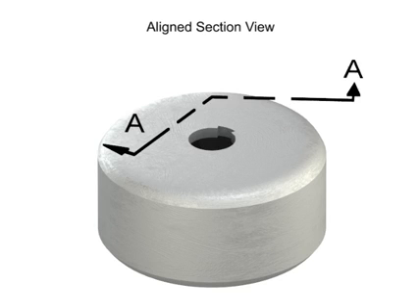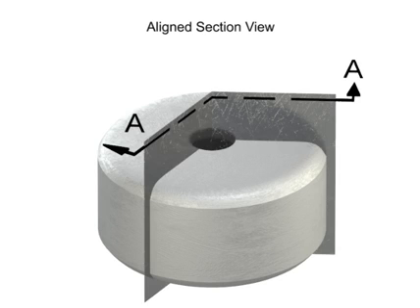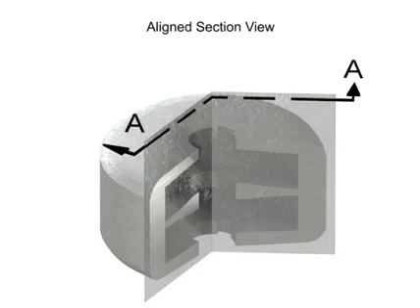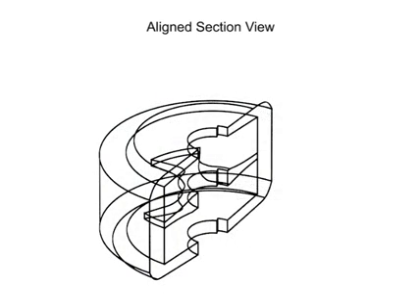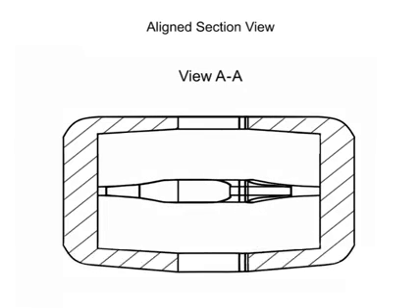Aligned views are typically used with complex or circular parts with interior features that do not appear in a straight line. As with all section views, to avoid confusion, ribs, webs, and other thin parts such as the spokes on a wheel are not shown with section lines.